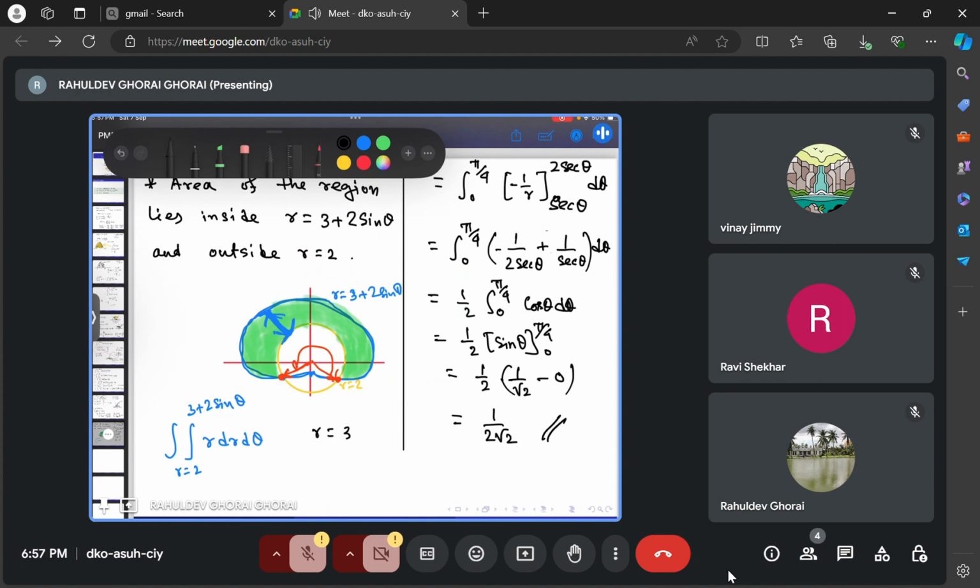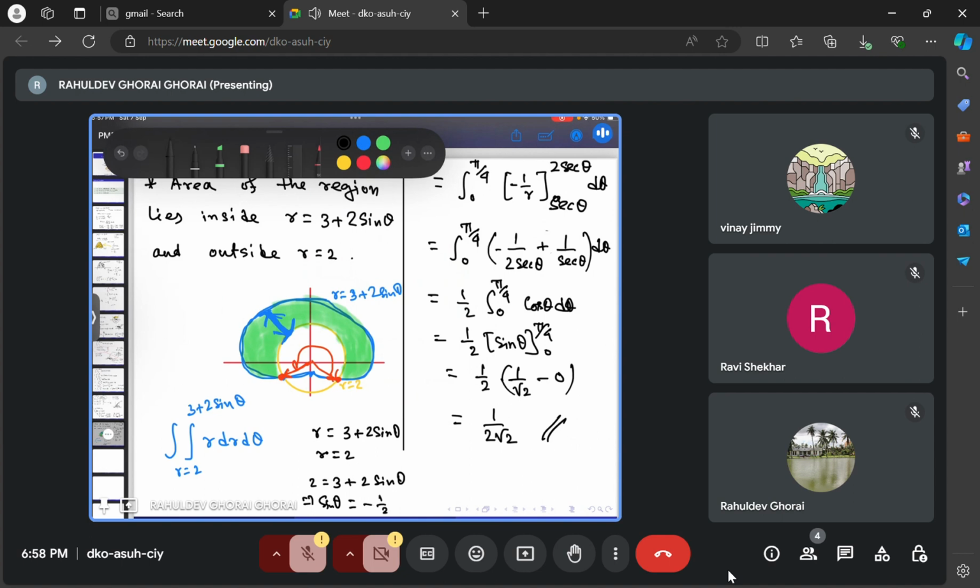You have r equal to 3 plus 2 sine theta, and you have r equal to 2. These are 2 curves, right? When you intersect them, 2 is equal to 3 plus 2 sine theta, and that gives sine theta is equal to minus half.